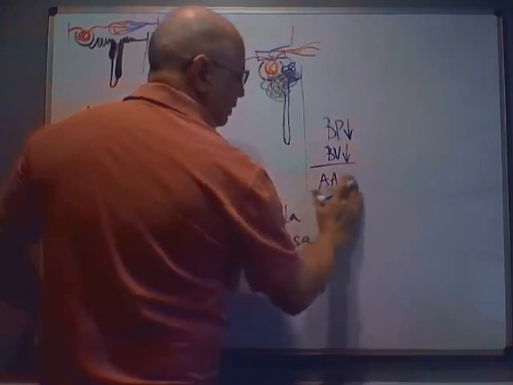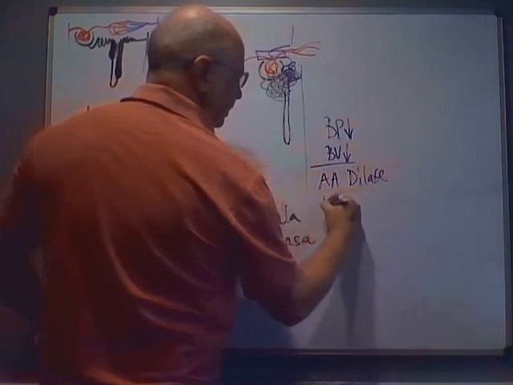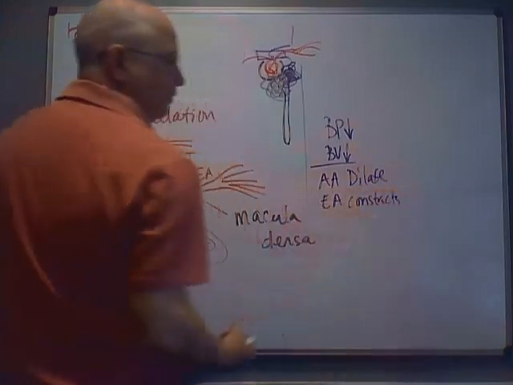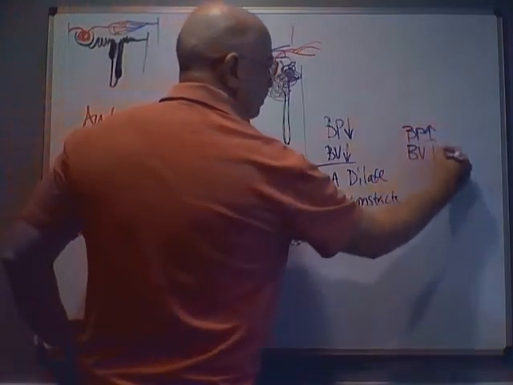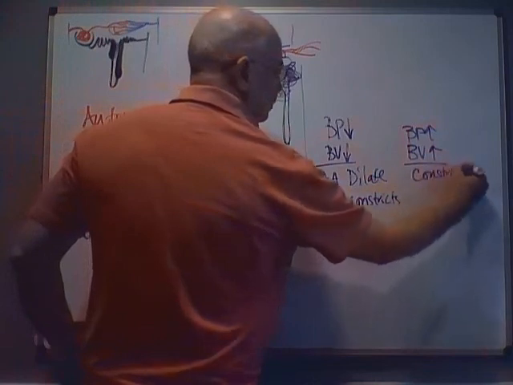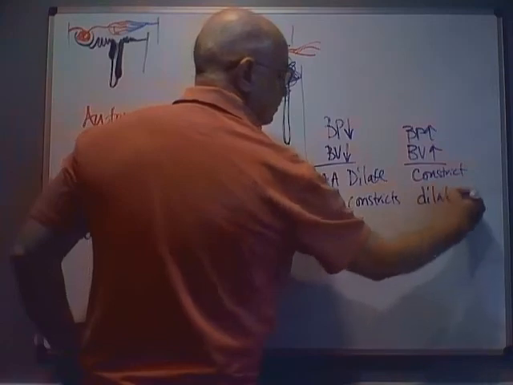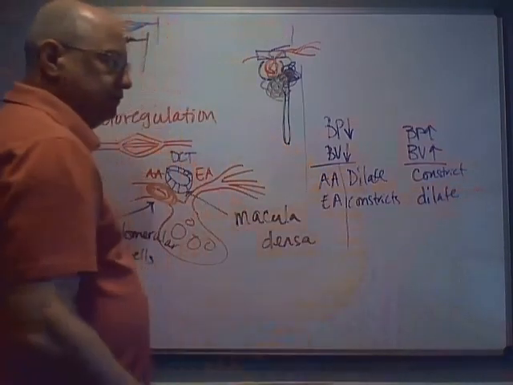No, it won't. It will constrict. No, if it's low, afferent arteriole dilates, the efferent arteriole constricts. If blood pressure is high and blood volume is high, then the afferent arteriole will constrict and the efferent arteriole will dilate. Okay? So you need to know this little table.